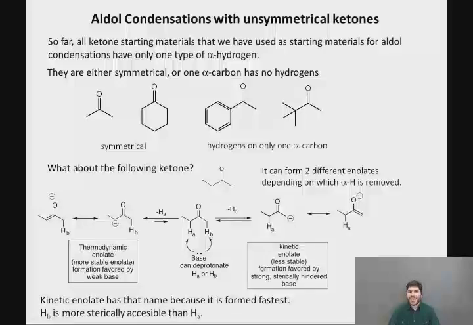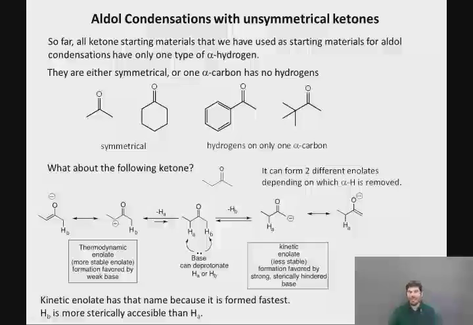The kinetic enolate, when you think of kinetics, you're thinking about rates of reactions, and you may be wondering, what does that have to do with thermodynamic stability? Well, the kinetic enolate has its name because it is formed the fastest. And the reason why it would be formed the fastest is sterics.